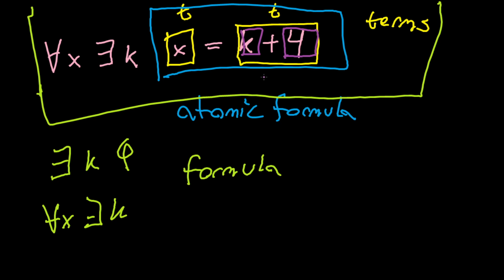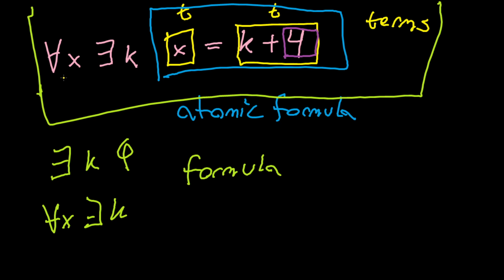And finally, we take atomic formulas and use logical connectives, in this case our quantifiers, there exists and for all. We could also unite together multiple atomic formulas using the conjunction connective. We use our logical connectives to build up our formulas, and that's all of the formulas. That's how we know what a legal sentence in predicate logic is.